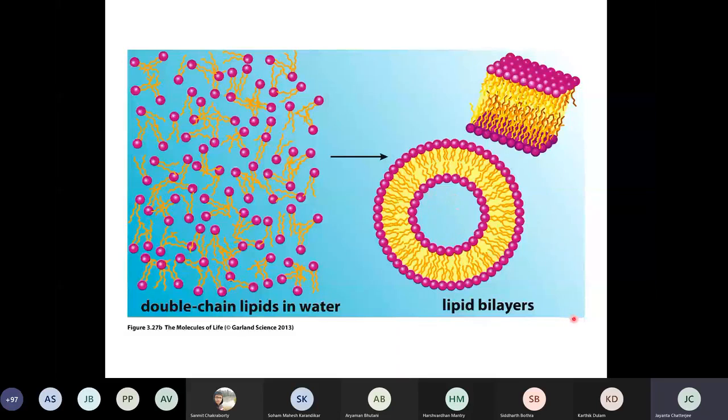This is the vertical cross section of a tennis ball, and inside the sphere you have water. So this vesicle has engulfed water.